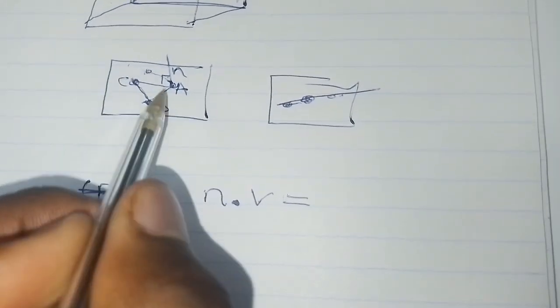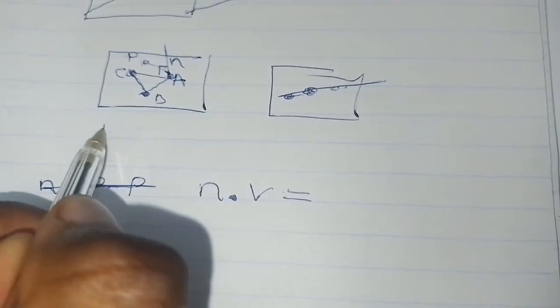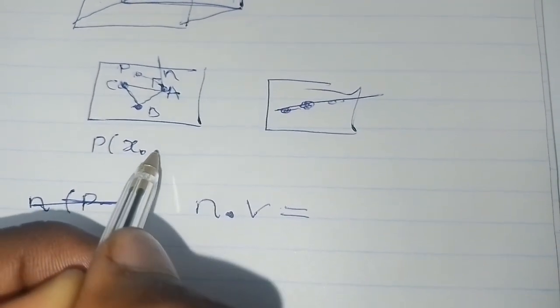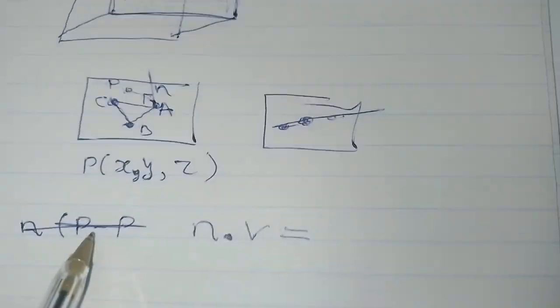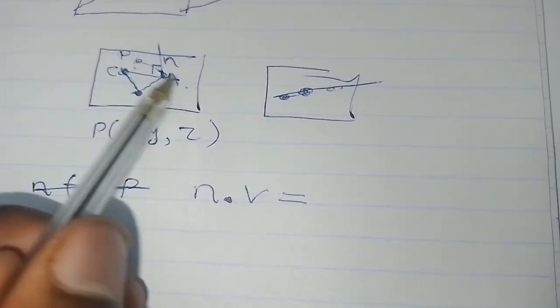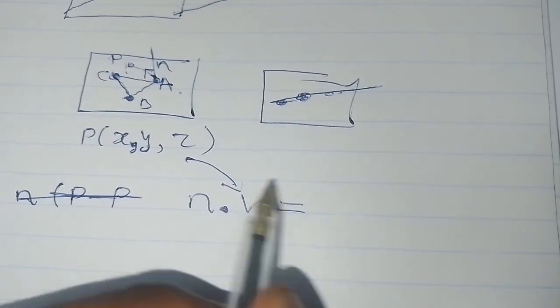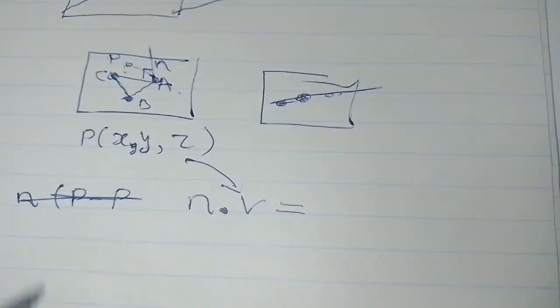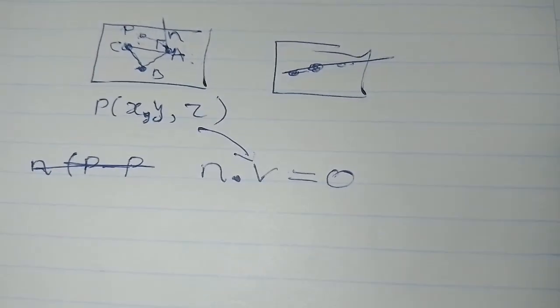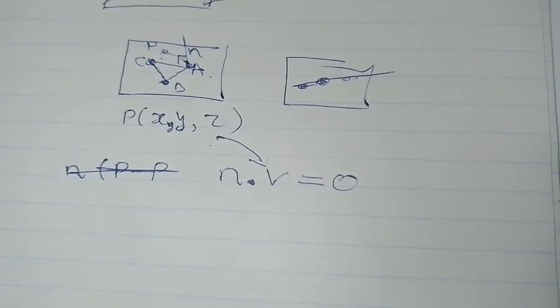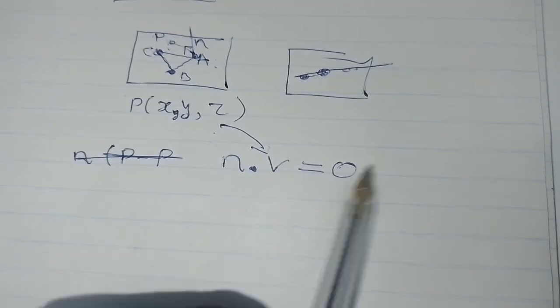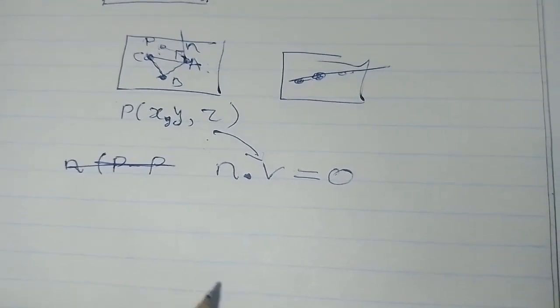Then we have point B, point C, and then some point P, denoted by x, y, and z instead of using subscripts. So PA will be our vector there, which I'm going to denote with the vector v. The coordinates of A will be given. When you dot these two, you're going to get 0. That's the dot product rule, since n will be perpendicular to that plane, will be orthogonal. That's the term they use there.